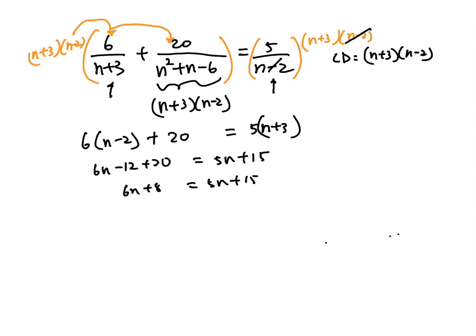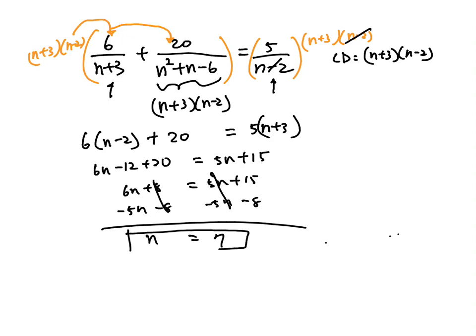So I think this one ended up becoming linear. So minus 5n on both sides and minus 8 on both sides. You get n equals 7. Okay. This problem doesn't even require any quadratics. Alright. But again, rational equations, clean it up by multiplying both sides by the common denominator.